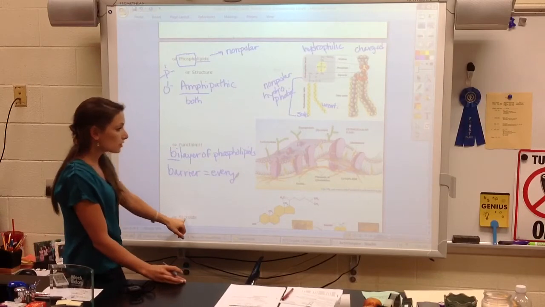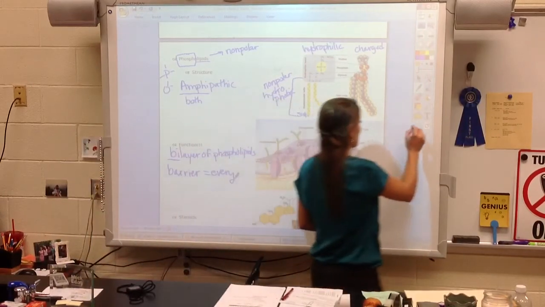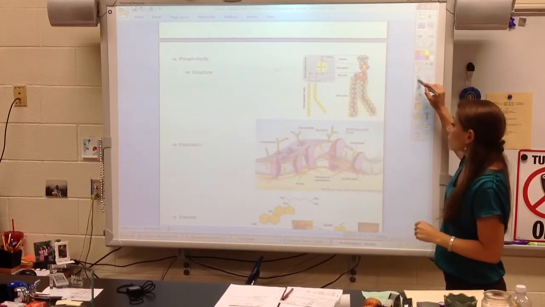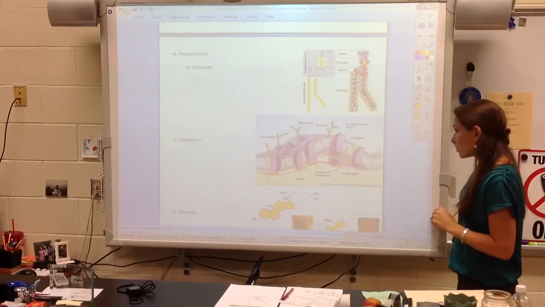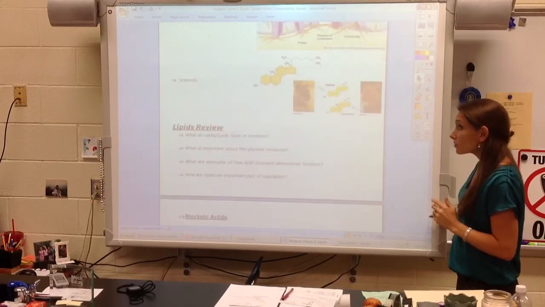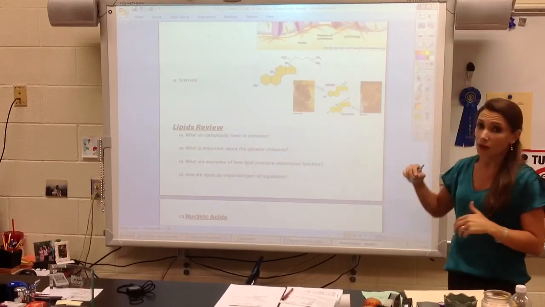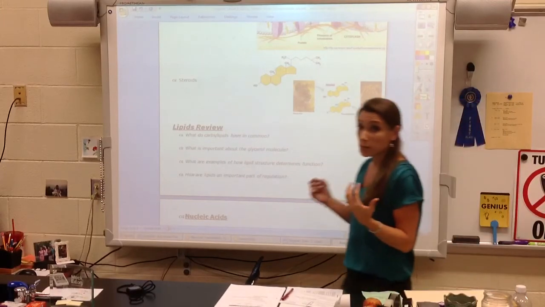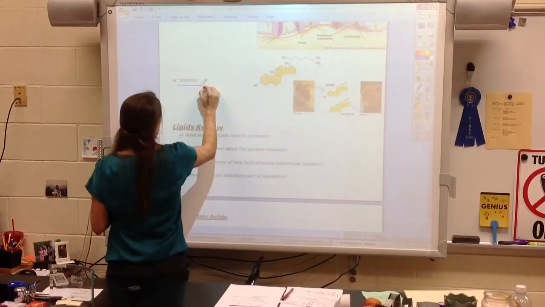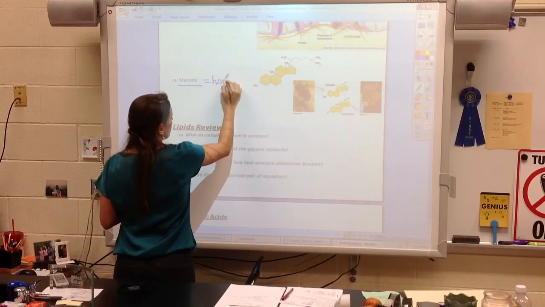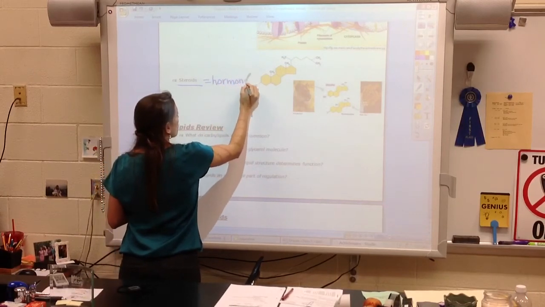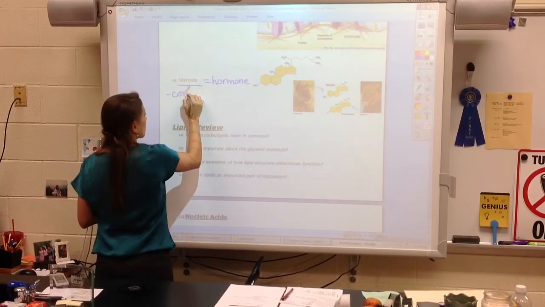So cholesterol is actually an example of a steroid. When you think of steroids, you might think of people who are taking steroids to make their muscles bigger. So a lot of people think of steroids as muscle builders. But steroids are actually a form of a hormone, and all that a hormone does is communicate.